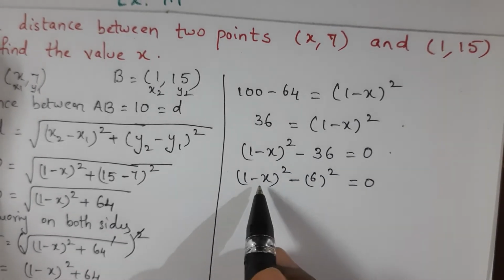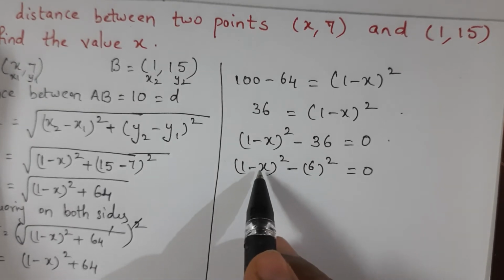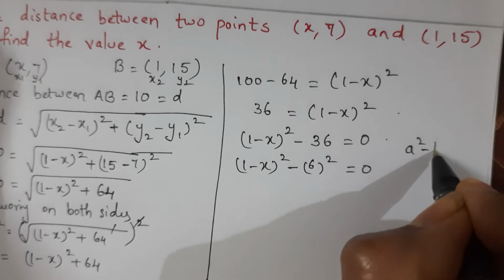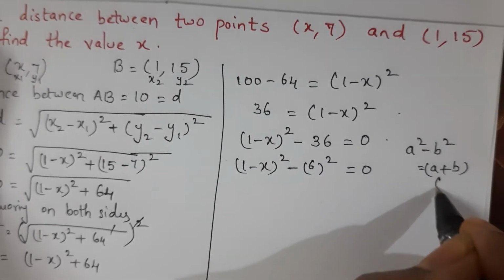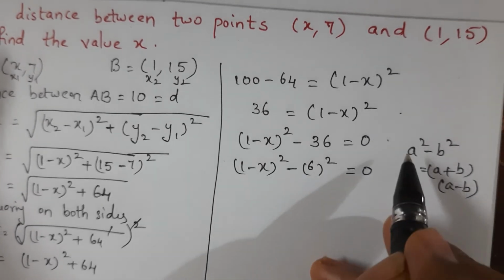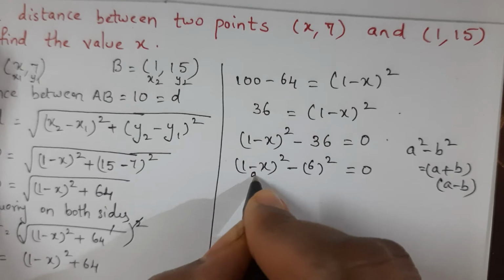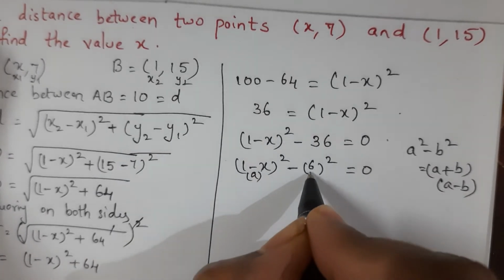Now see this is in the form of algebraic identity, that is a square minus b square. So what is the formula for a square minus b square? A plus b into a minus b. So here a is 1 minus x. So just to avoid confusion, we can write it as like this.